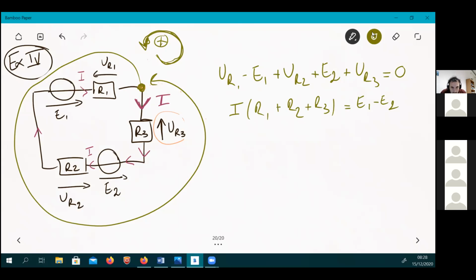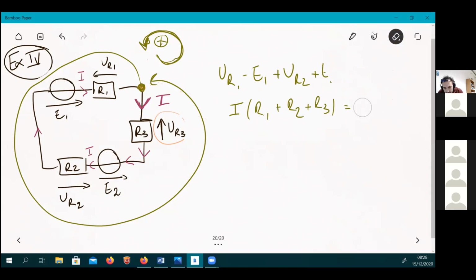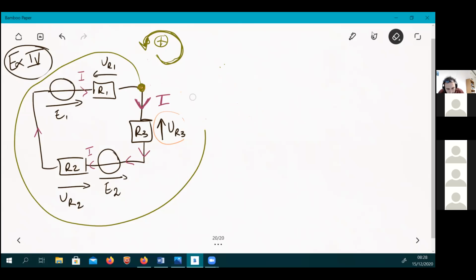So I picked another convention, but again, I found the same result. Let me show you another convention. Instead of using the receptor convention, I'm going to pick the generator convention.